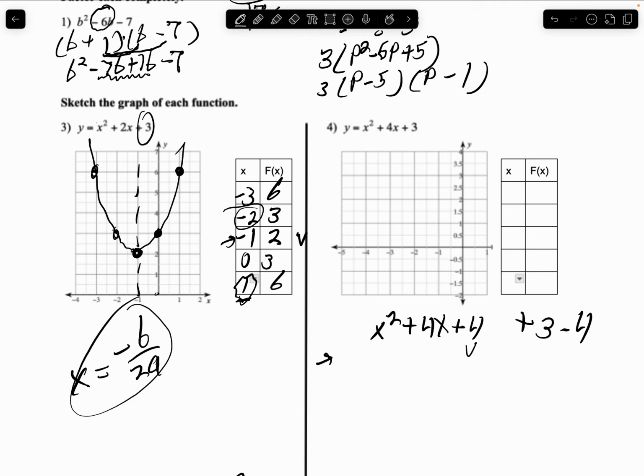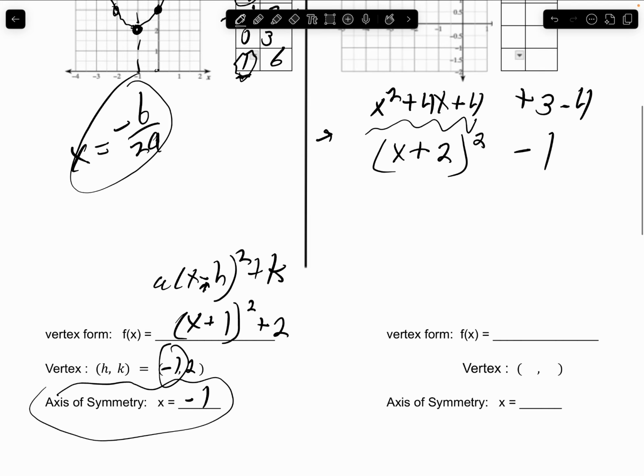And this piece here gives me x plus 2, the square root of the first term and the square root of the last term. And here I have -1. That's my vertex form: x plus 2 squared minus 1.